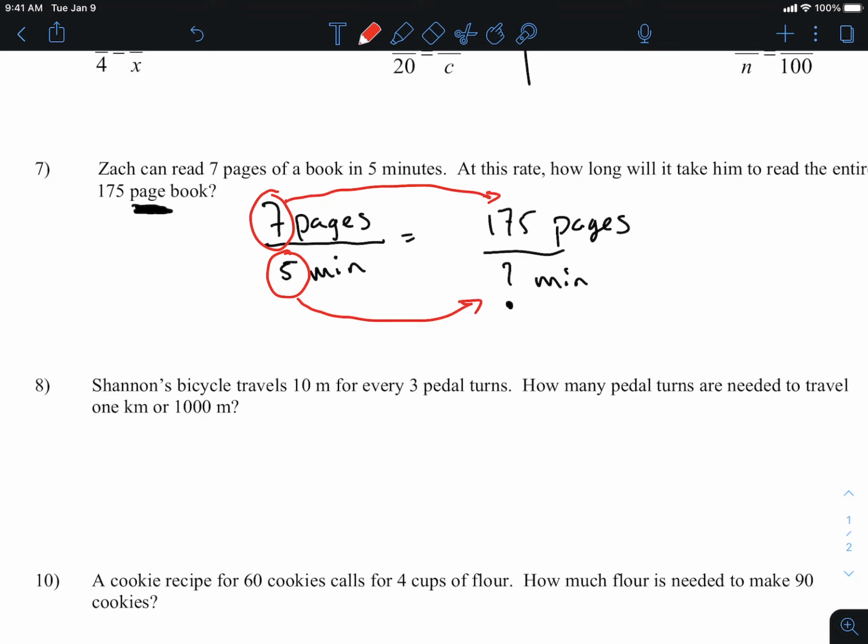We multiply by 25 because in order to get from 7 to 175, we have to multiply by 25. That's what everybody's saying. So then I have to multiply by 25 in the bottom one too. Oh goodness, look at you go. I mean, I would have accepted 125. That's fine.